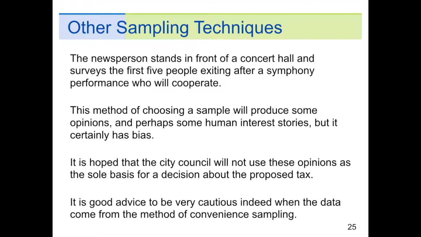This method of choosing a sample will produce some opinions and perhaps some human interest stories, but it certainly has a bias. It is hoped that the City Council will not use these opinions, because they're extremely biased, as the sole basis for a decision about the proposed tax. It is good advice to be very cautious indeed when the data comes from the method of convenience sampling.